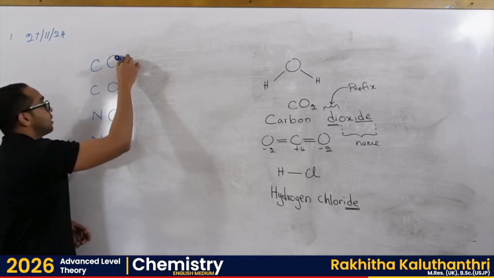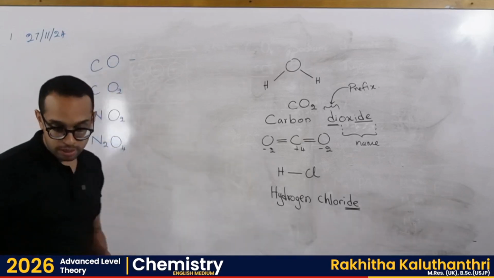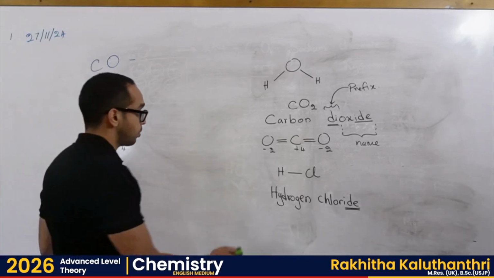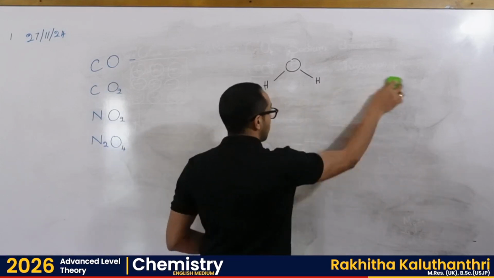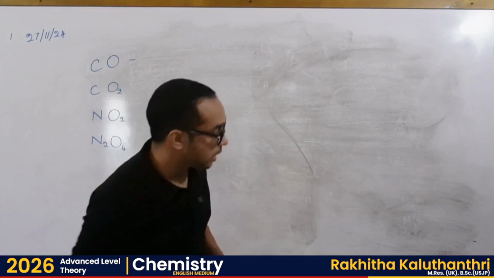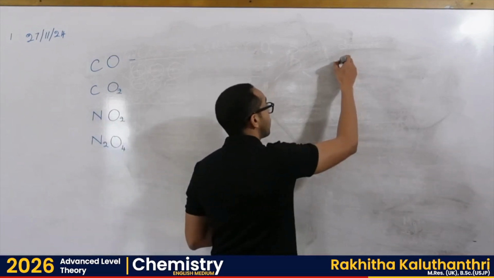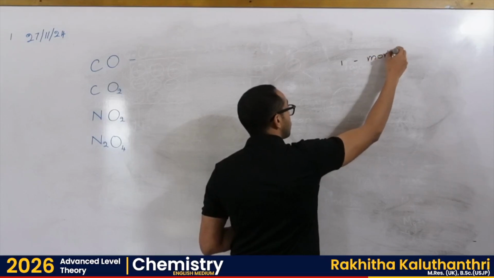So here there's only one carbon. And what are the prefixes for having one carbon? Whenever you have one of something, the prefix would be mono. Having two, it would be di. So having one of something, we use the prefix mono.